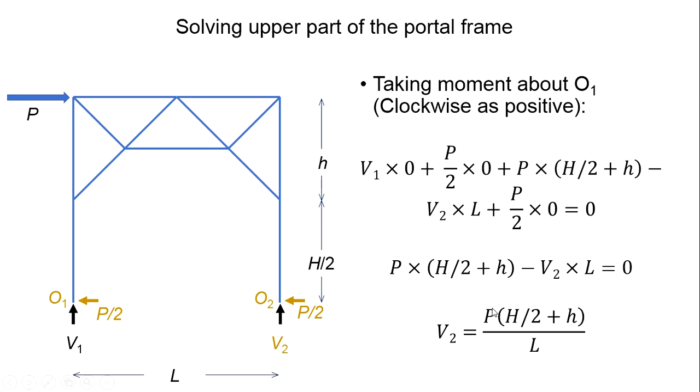Solving this equation, we will get the value of V2 in terms of P, capital H, small h, and capital L. In this way we have found the value of the vertical internal force at the point of contraflexure O2, and that will also be the vertical reaction at the right column support.